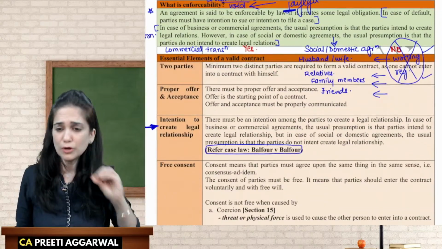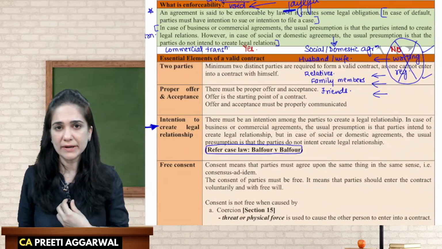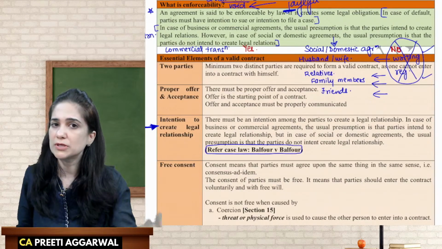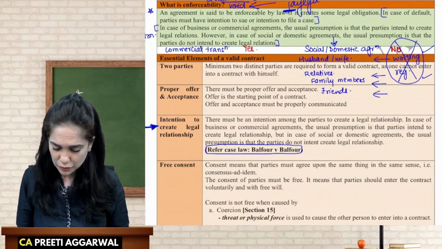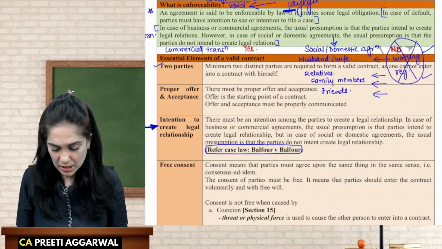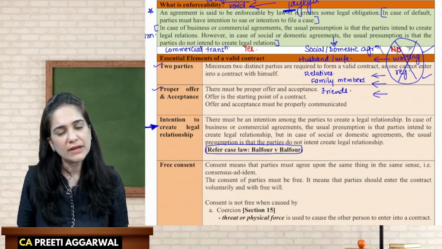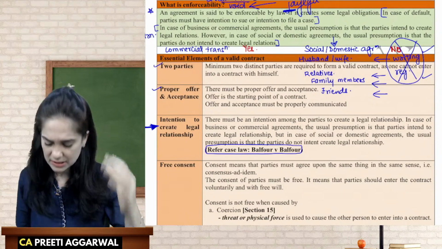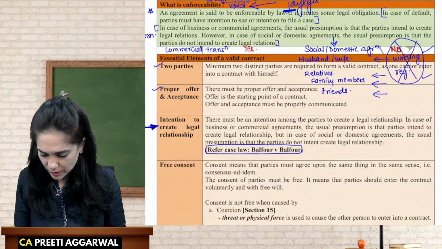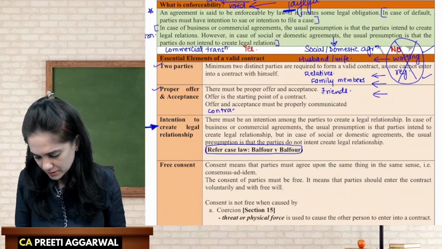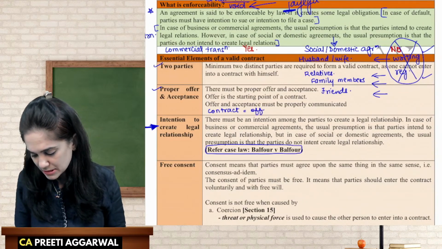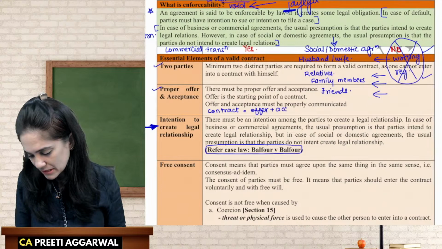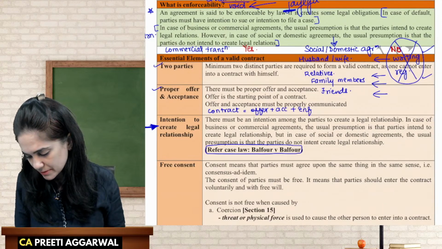Now, to make a valid contract, I need two parties, one who gives the offer and the other person to whom the offer is given. So we need minimum two parties. There must be proper offer and acceptance. Now, what is the equation of contract? Contract is nothing but offer plus acceptance plus enforceability.